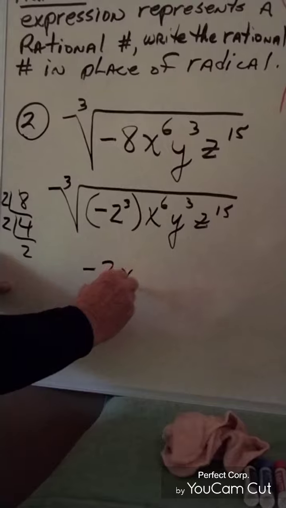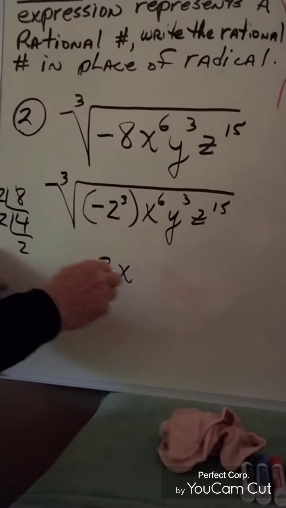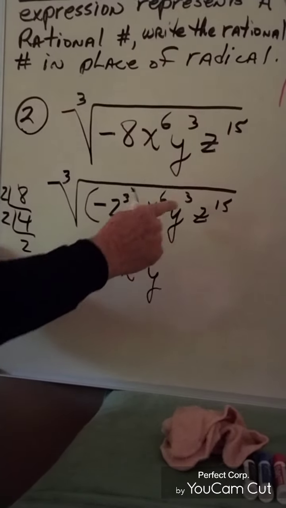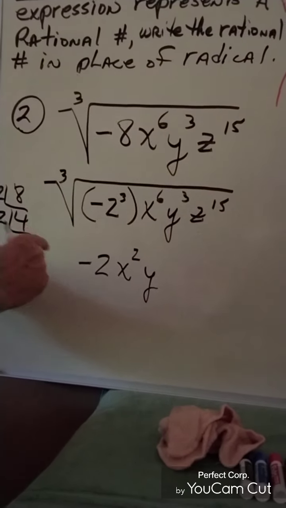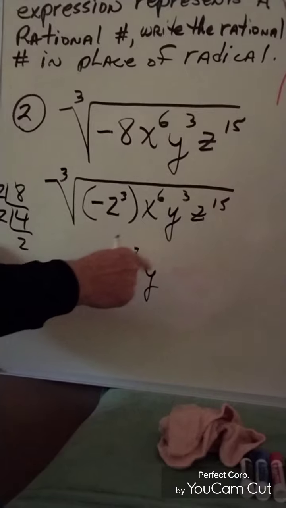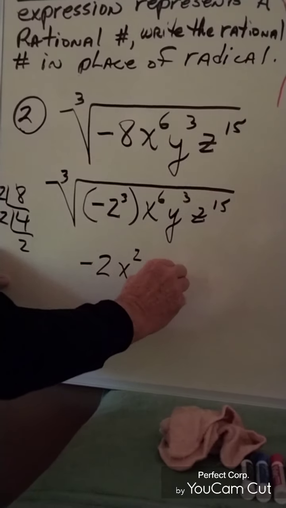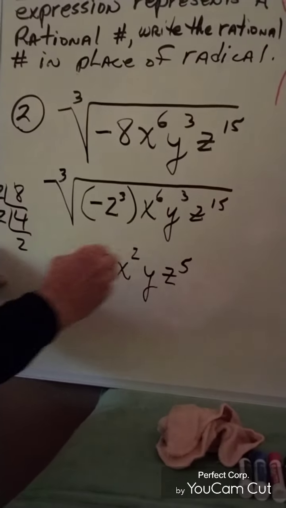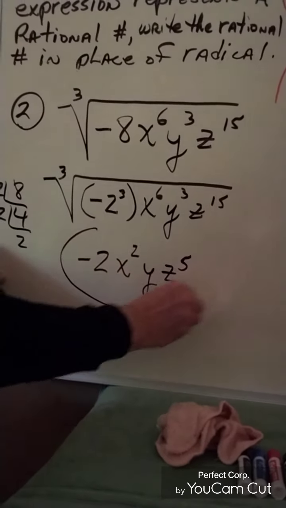Bring down the x. 6 divided by 3, x squared. Bring down the y. 3 divided by 3, y to the first, it's y. Bring down the z. 15 divided by 3, z to the 5th, done.